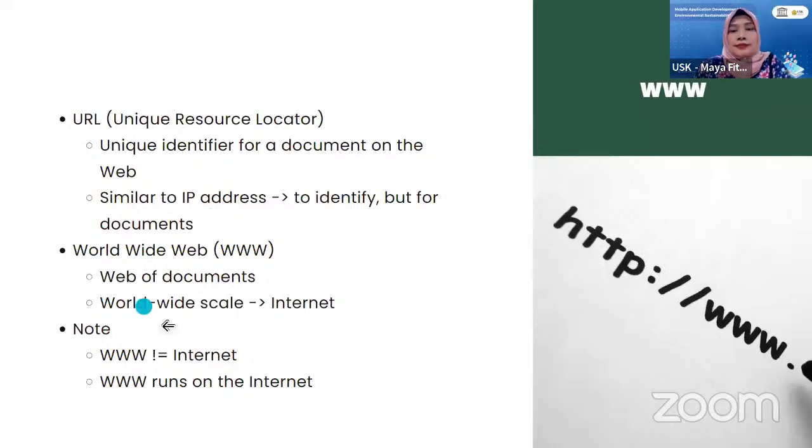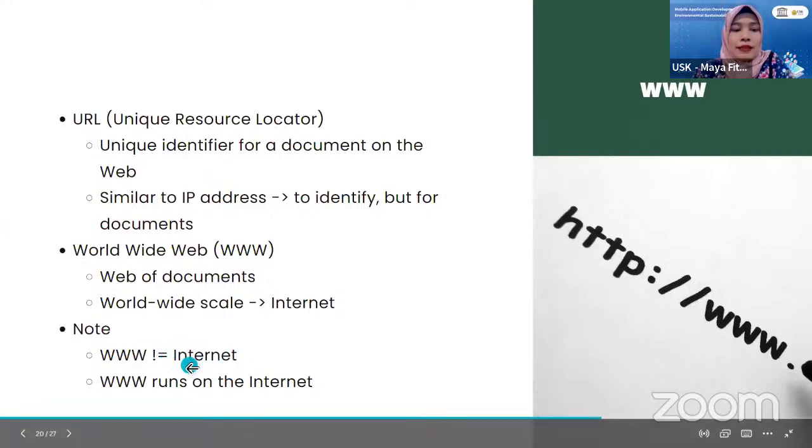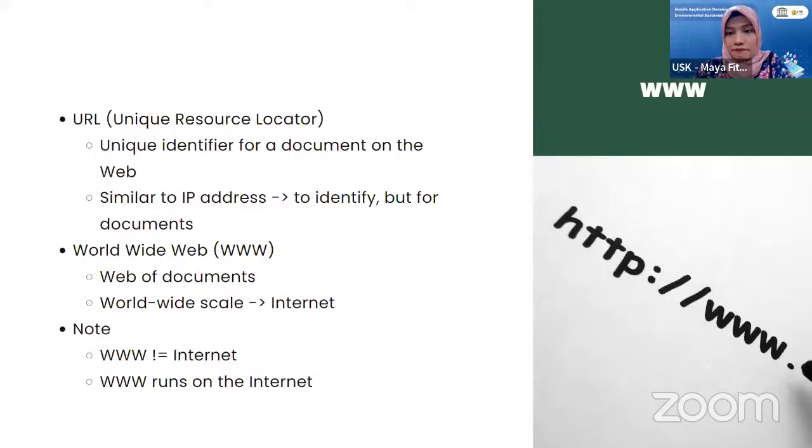Okay, so we can sum up that the World Wide Web is a web of documents on a wide scale on the internet. To be noted, the web is not the same as the internet. The web can run on the internet, and the internet can run without the web.